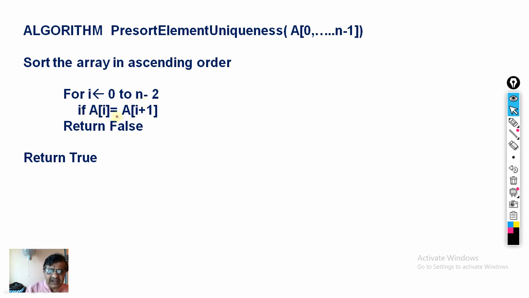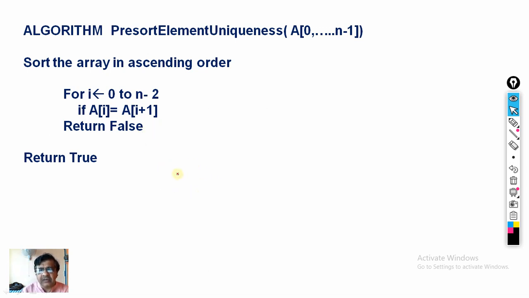If a of i, the preceding element, is equal to the next element, a of i plus 1, then return false. If all the comparisons happen, then definitely it should be containing unique elements, because at no stage did this condition come true.